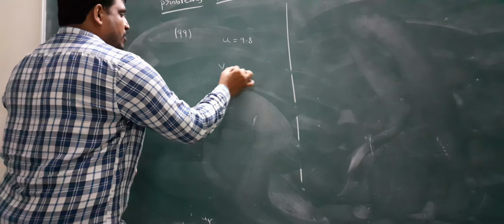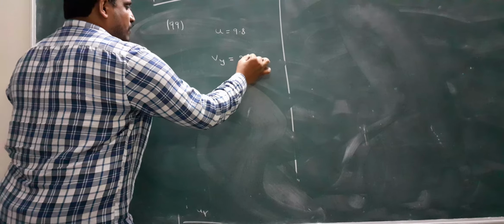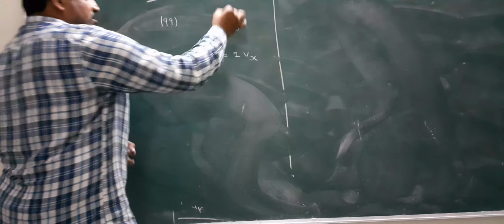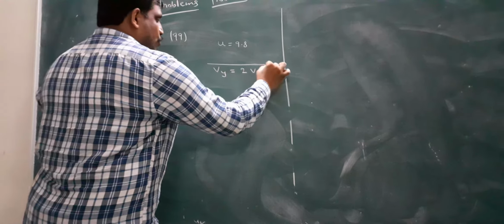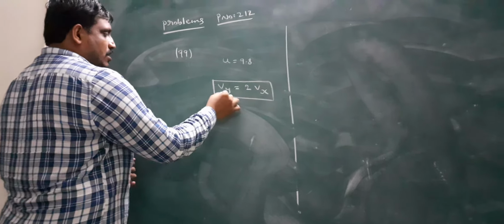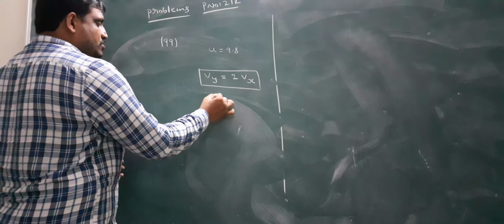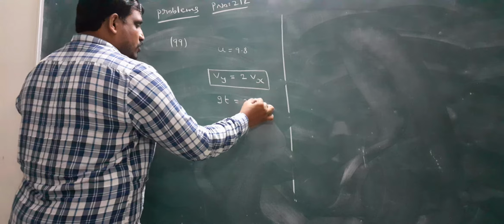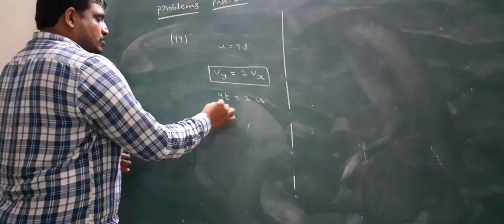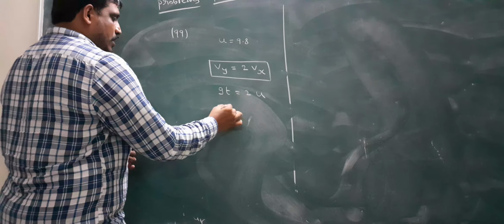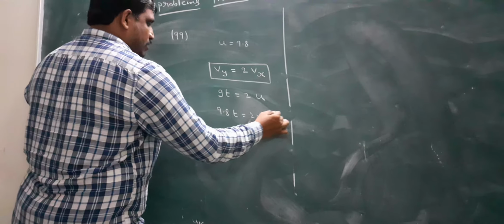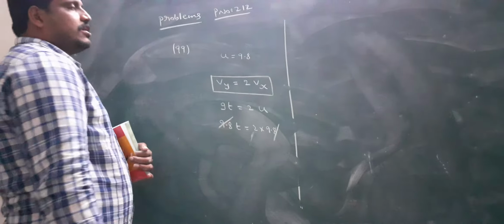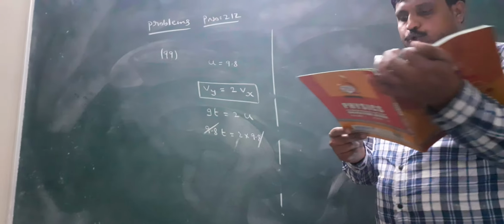Another keyword is Vy. Simply, the vertical velocity is twice the horizontal velocity. We know that after t seconds, Vy formula is gt, Vx formula is u, g value is 9.8. Here the time will be calculated. U value 9.8, 9.8 cancels. Finally the t value equals 2.